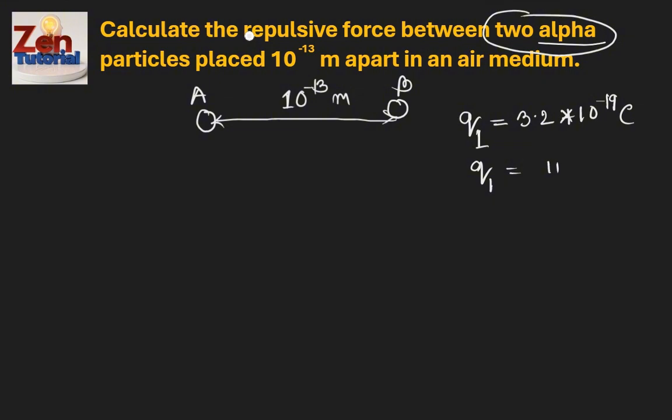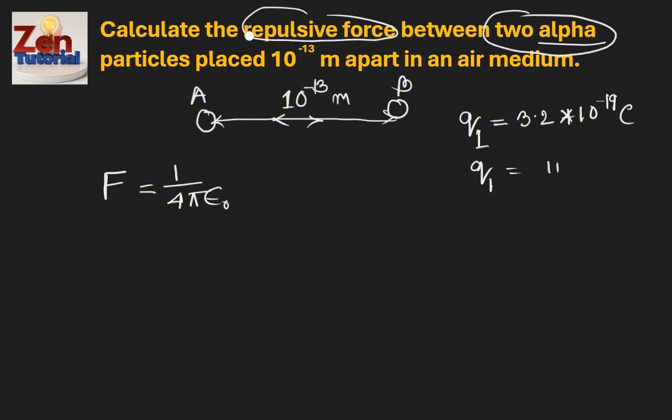So what is the repulsive force? As they are similar charges, they are repelling each other. So A and B are repelling each other. The repulsive force is equals to 1 by 4 pi epsilon naught.